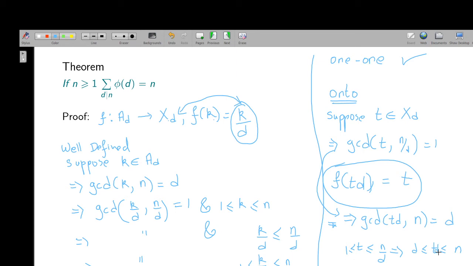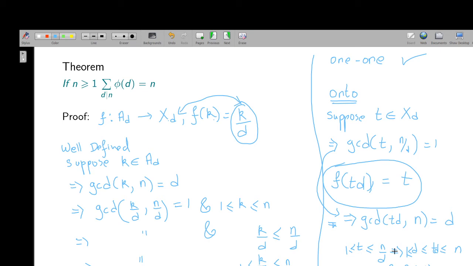And this we know is greater than or equal to 1. So therefore td lies between 1 and n, and GCD of td and n is d, which means that td is in A_d, and f of td is t itself, and therefore the function is onto.